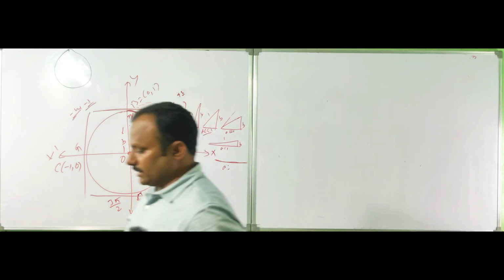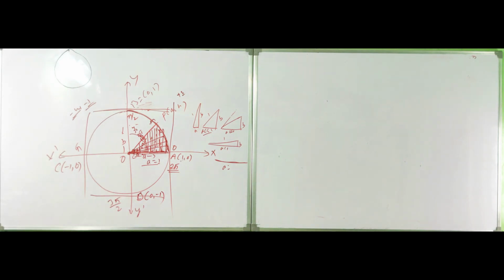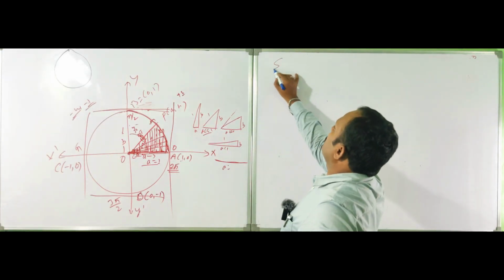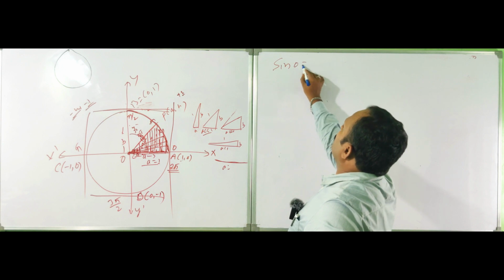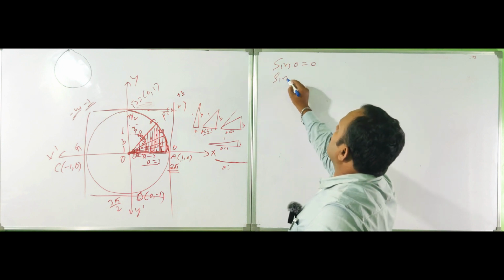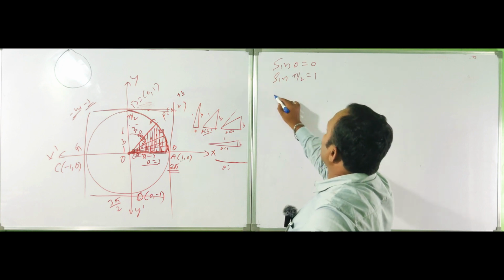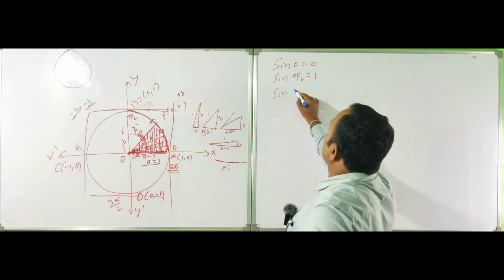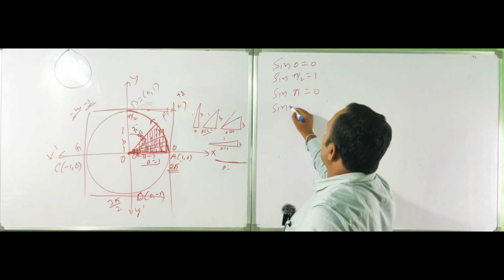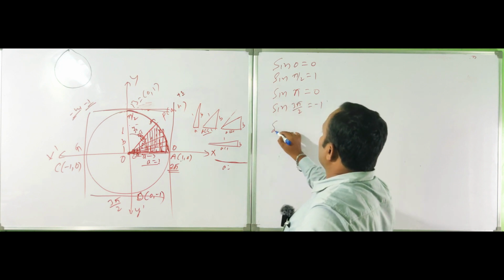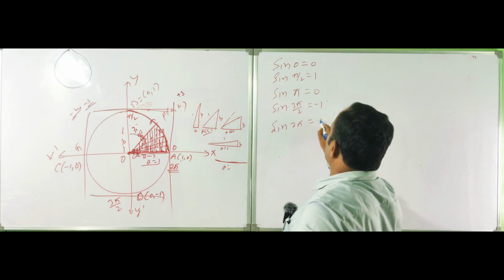Value of the sine and cosine values. What we studied: sin 0 is equal to 0, sin pi by 2 is equal to 1, sin pi is equal to 0, sin 3 pi by 2 is equal to minus 1, sin 2 pi is equal to 0.